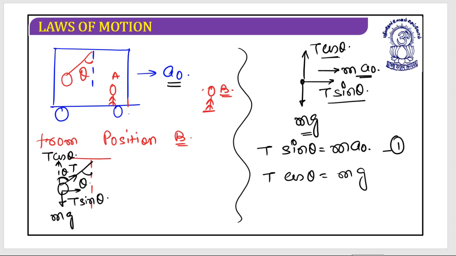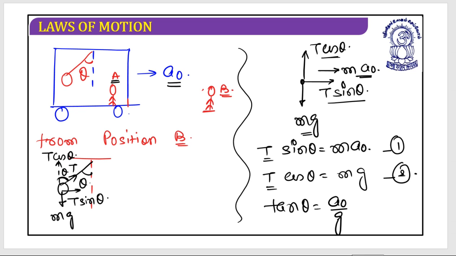This is my first conclusion, this is the second. If I take a ratio, sin theta by cos theta, that is tan theta, equals a naught by g in this case. I hope this is clear. Yes, we are going to derive the relation for the tension, but first I would like to see this complete situation from position A.